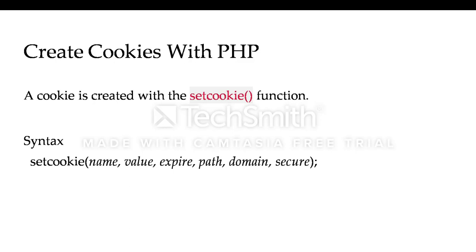Normally, we don't require the domain and security parameters. If we don't use the security parameter, the browser by default considers it 0, because a web request is always sent using an HTTP request, so we will not require this. Normally, we don't use these parameters, domain and security.